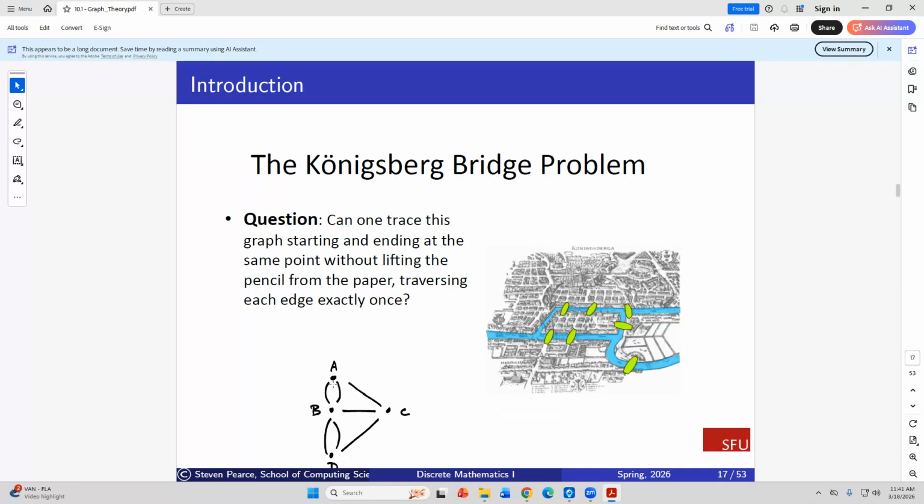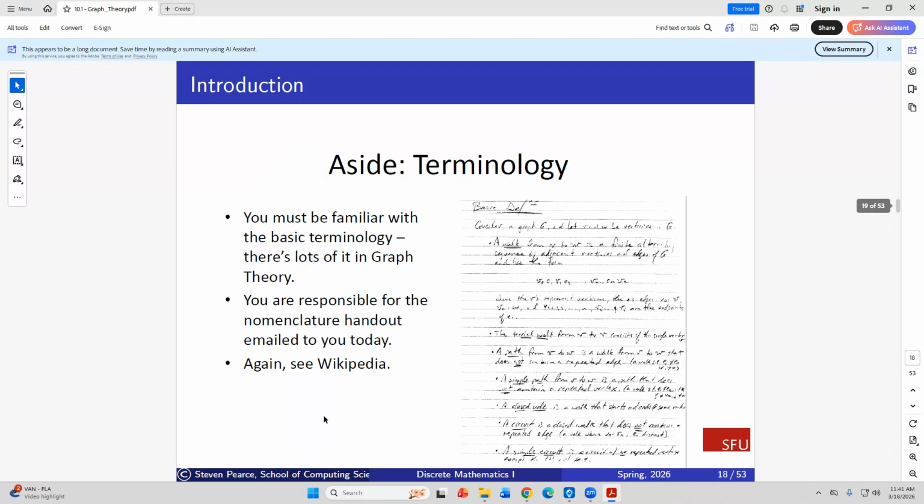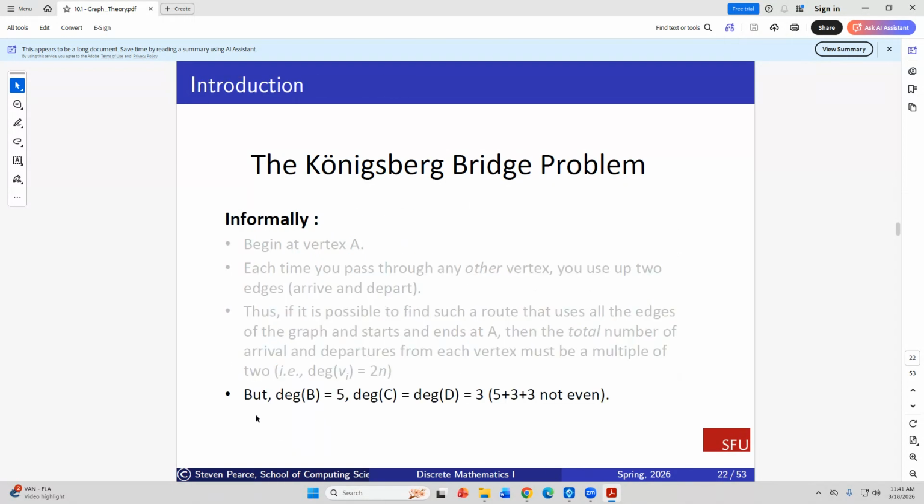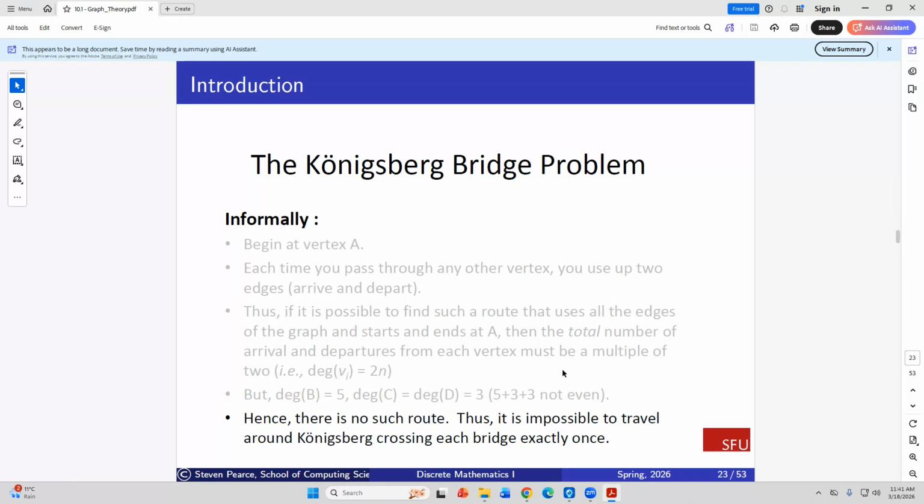A and D both have degree 2. So the degree of B is 5, like we said. The degree of C equals the degree of D equals 3. 5 plus 3 plus 3 is not even. That is such a simple way, and how graph theory developed, of solving this problem formally. Okay, there is no such route.